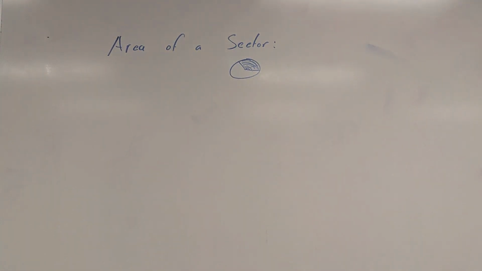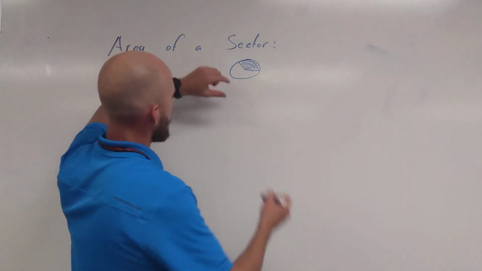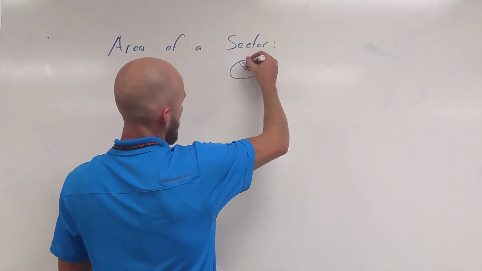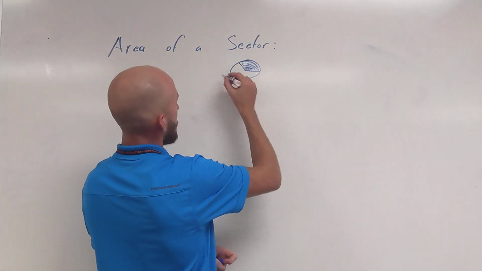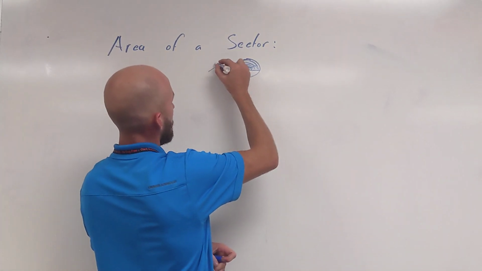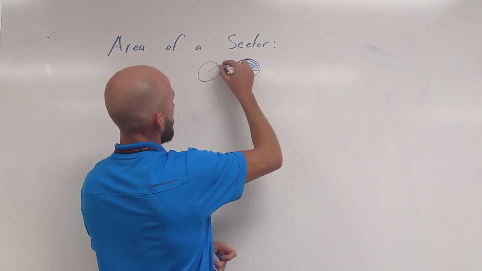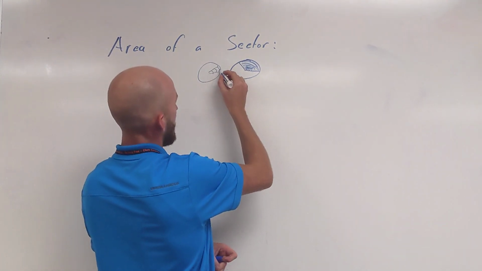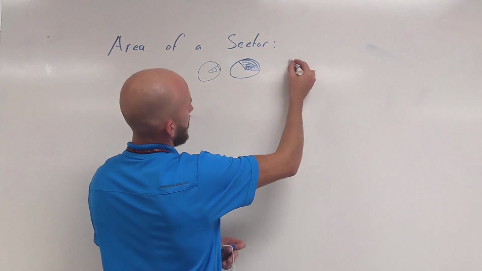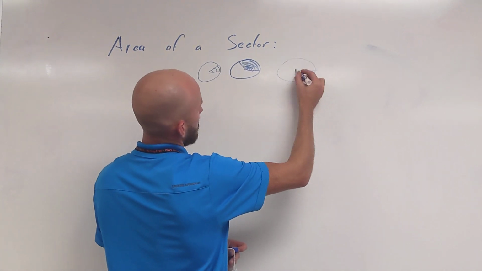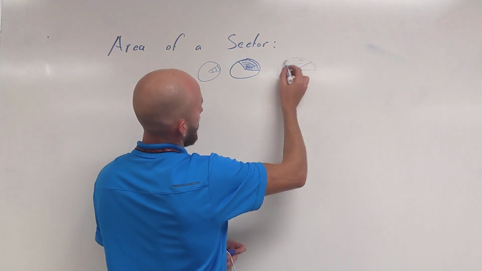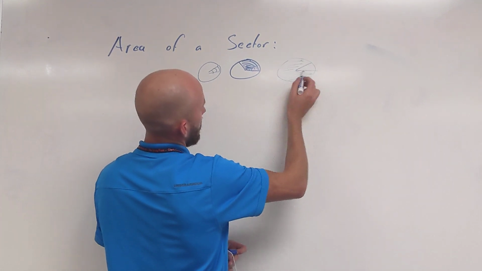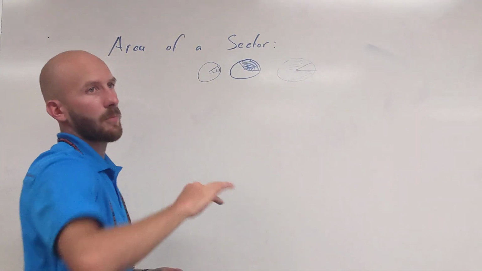So you would find the shaded part? Yeah, when we're talking about the area of a sector, the sector is going to be that sort of fraction. Now it could be bigger or smaller. You could have a sector that looked like that. You could have a sector that is a larger part of the circle.